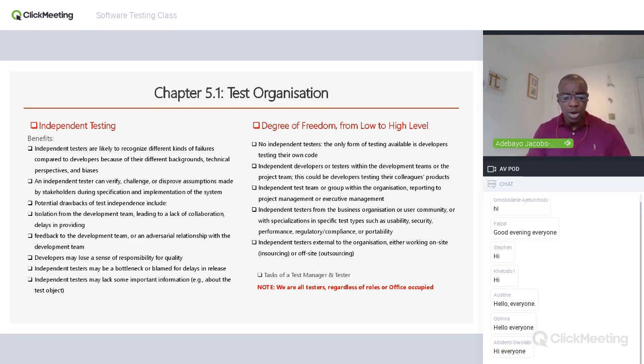Now, when you have a team of testers that are not involved in the development, think how do you think the output will be compared to someone who was involved in the development? Now, if I'm part of a team that built something, I would have some level of bias on that thing that I've helped to build because it's my handiwork.